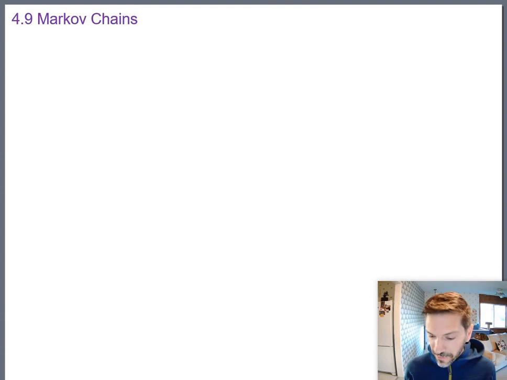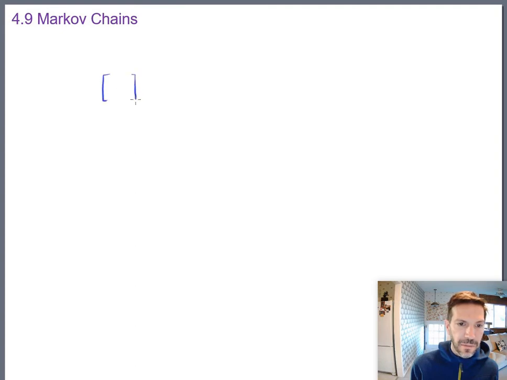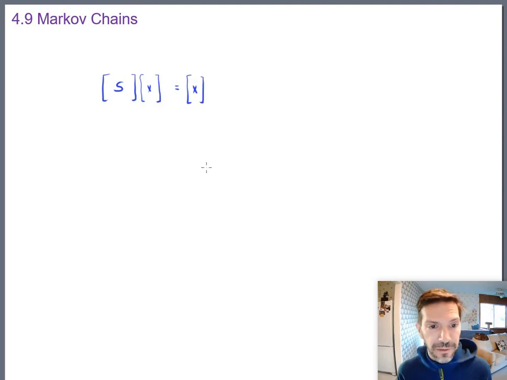Okay, so let's talk about finding that steady state vector. The basic idea is if you have a stochastic matrix, let's call it S for lack of creativity, and you multiply some vector by it, you want to get that very same vector coming out.